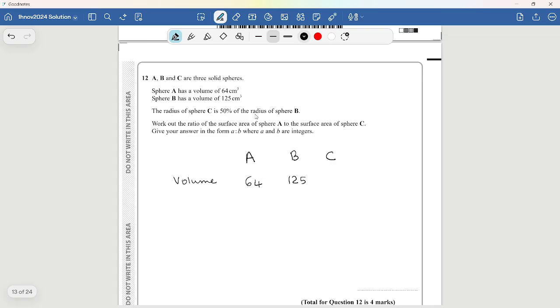We don't know anything about the radius of any of them, but from the volume, using the scale factor: if the radius is r, then the volume scale factor will be r cube. Or if you go the other way, if the volume is r, then its radius will be cube root of r.